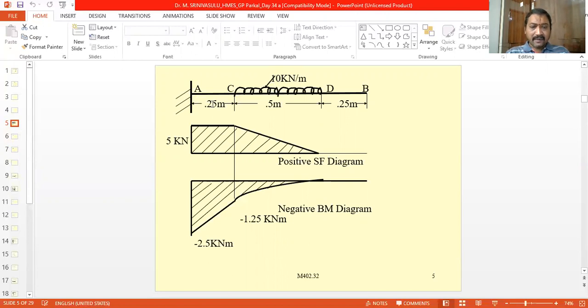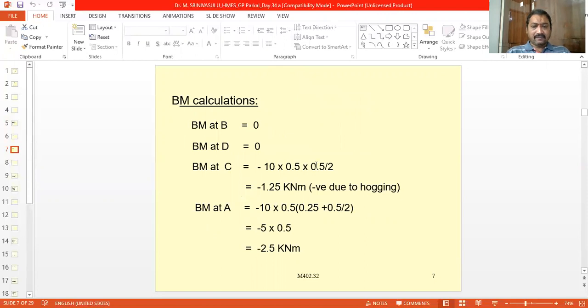So 0.25 and 0.25 becomes 0.5, 0.5 into 5. So minus 2.5 kilonewton meters. This is also negative because it is also a clockwise moment to the right of the section. So we have to take negative.